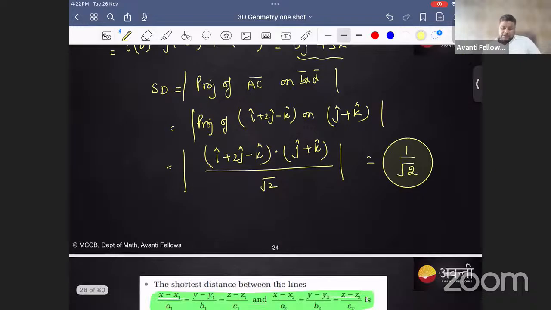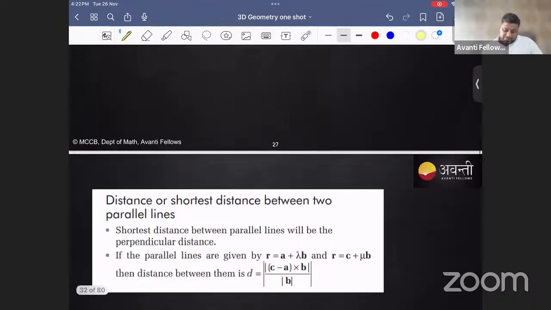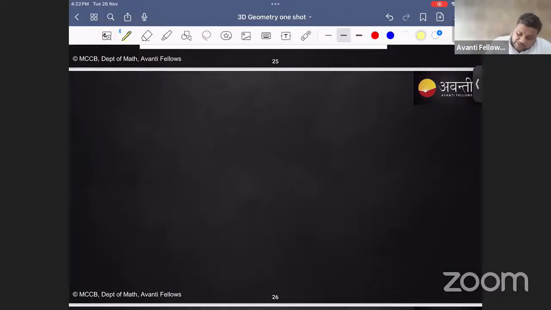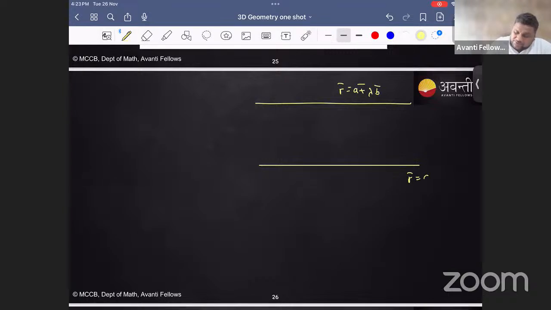Fine. Now see, if you have two parallel lines, say this is the line r = A + lambda vector B, and this is the line r = C + mu vector B. Now see, these are two parallel lines.